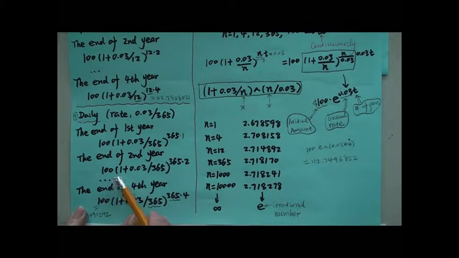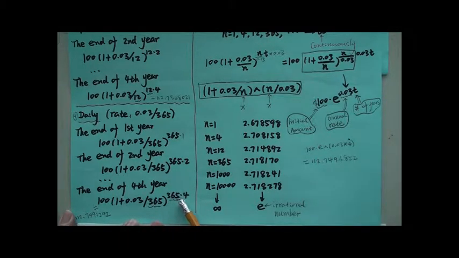You can do the end of the third year. That would be 3 here. So the end of the fourth year is 100 times 1 plus 0.03 over 365, whole thing to the exponent 365 times 4.